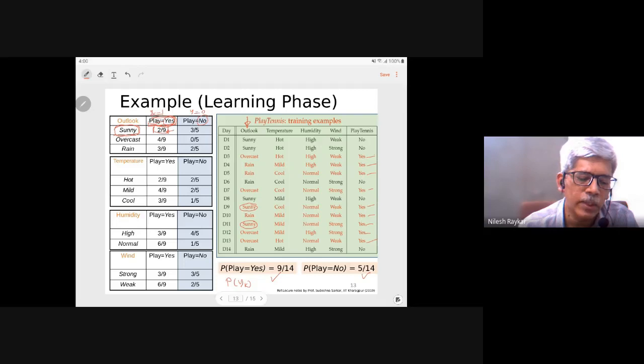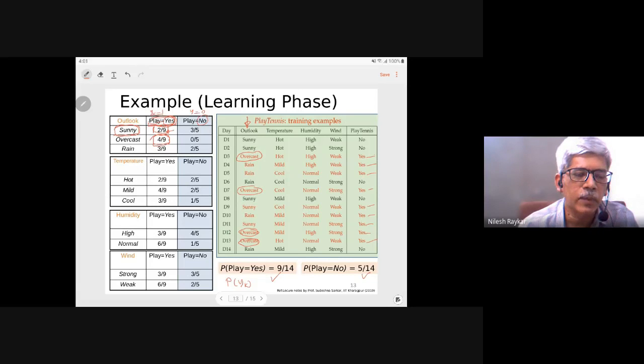Let's see how many overcast days there are. Out of those playing days, how many days are overcast? If you count, you will find one overcast day, second, third, and fourth. So there are 4 overcast days out of 9 playing days. So the probability becomes 4 by 9.